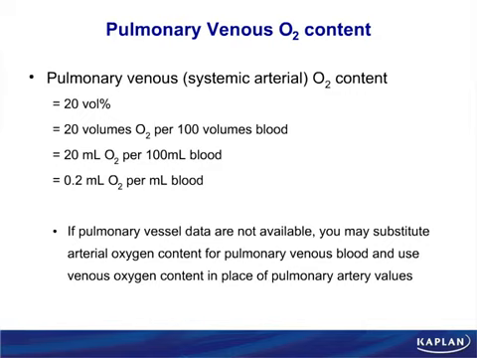You can substitute venous oxygen in place of pulmonary artery values, but then it will no longer quite be accurate. So most likely you will be given pulmonary artery volume percent and systemic arterial volume percent, and that systemic arterial will be from a peripheral blood vessel.